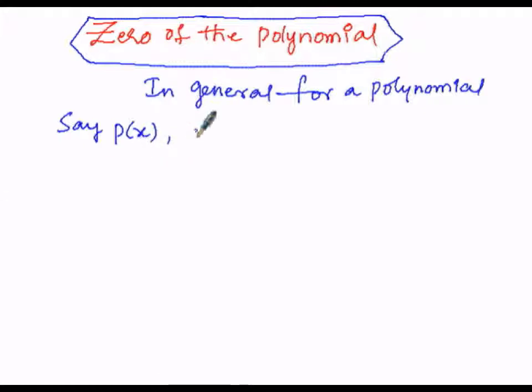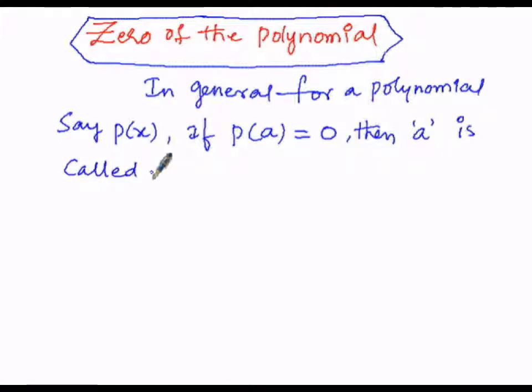So in this polynomial, if p of a, that means in the same polynomial p of x, if x is replaced by a, and its value is 0, then the value which we have substituted instead of x, that is a, will be called the 0 of the polynomial.